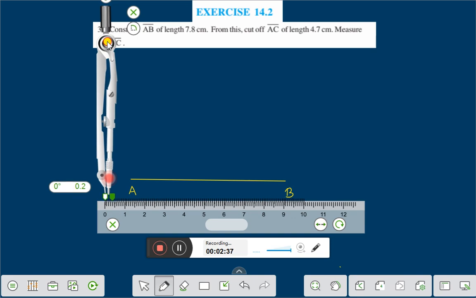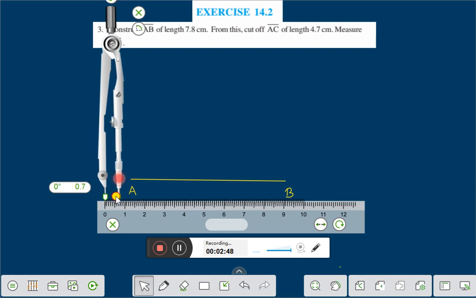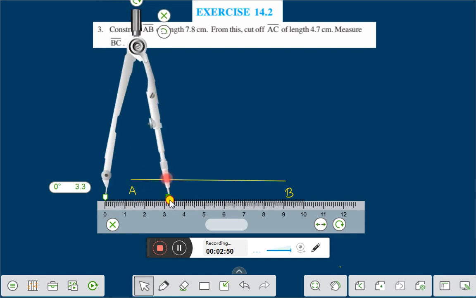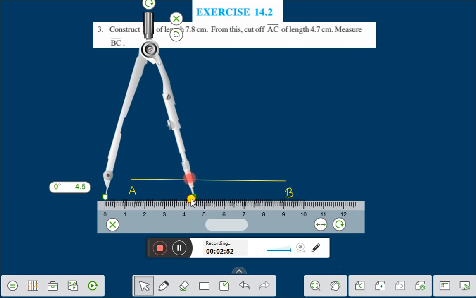This is 0, and measure 4.7 centimeter. This is 4, 4.5, 4.6, 4.7. Yes, this is 4.7. Here you see that this length is 4.7. That is AC.